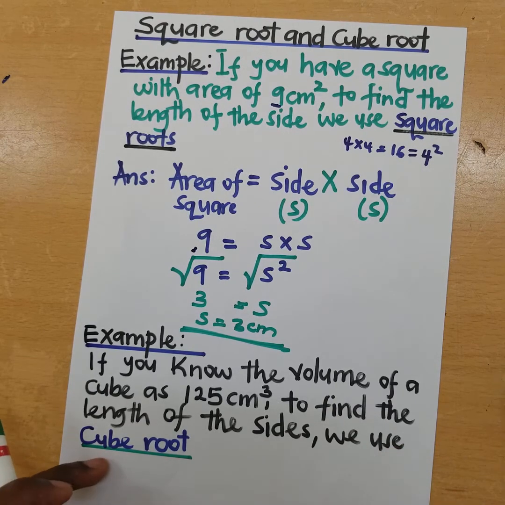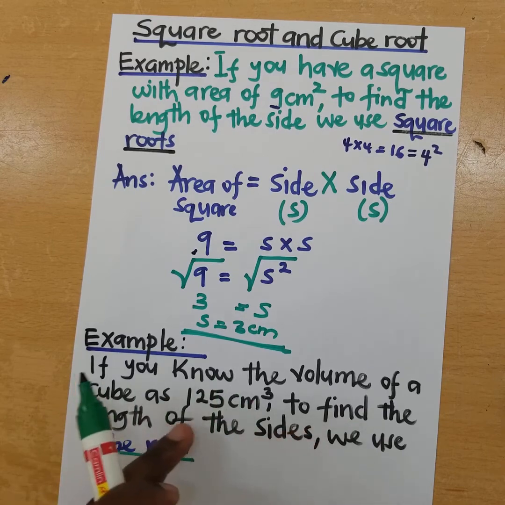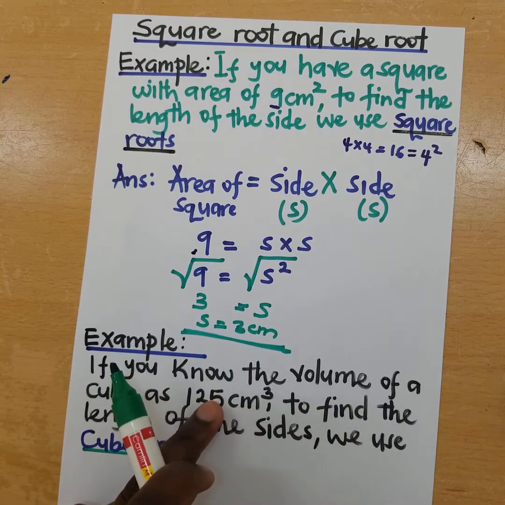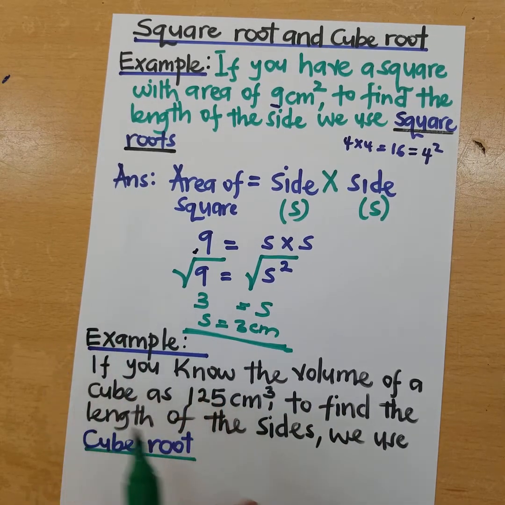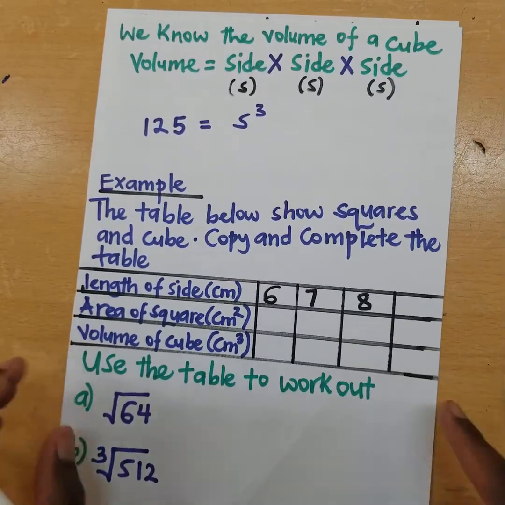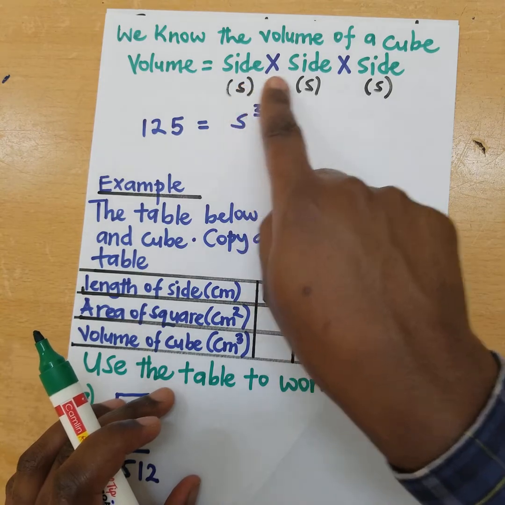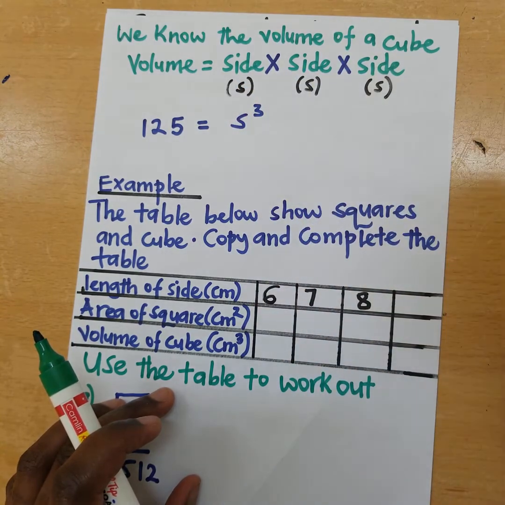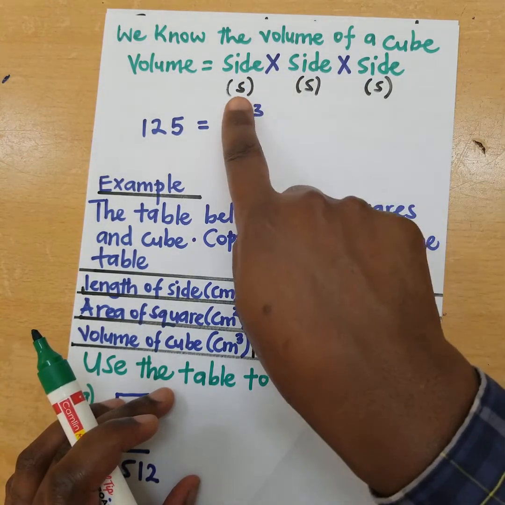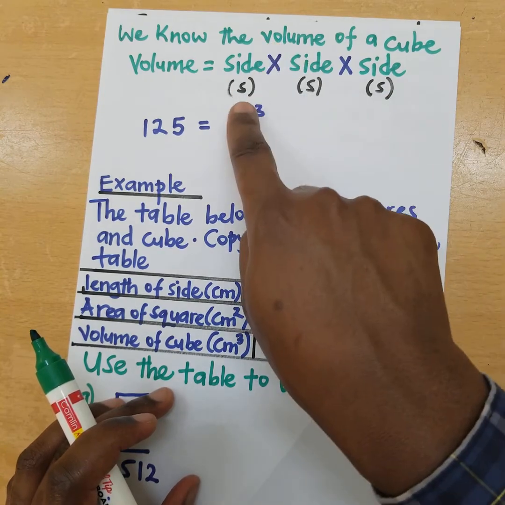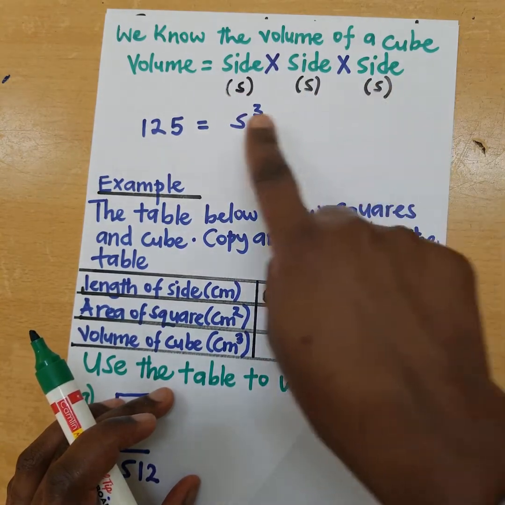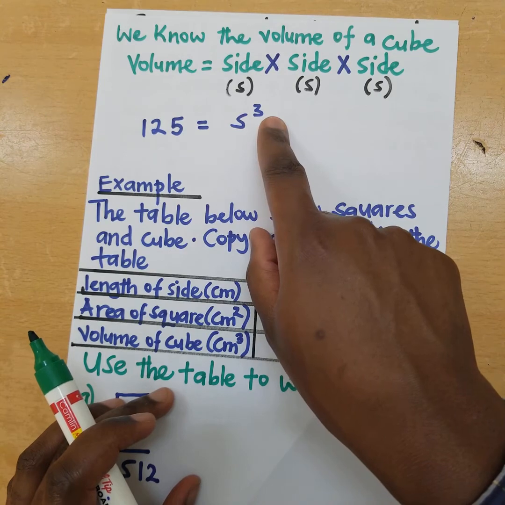We know that the volume of a cube is given by side times side times side. So if I represent the side by s, s times s times s gives s cubed.